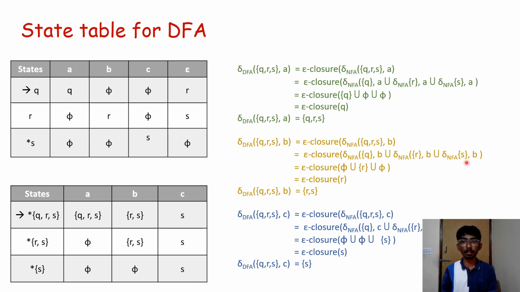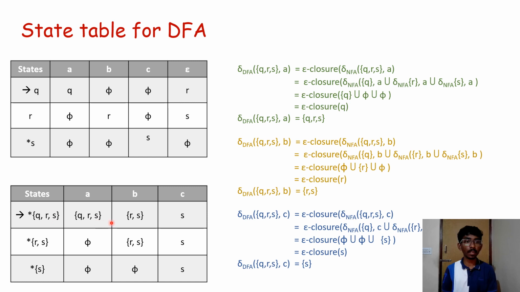Then when we give the B input to the S state, we get null. So we have mentioned the epsilon closure of R, and on performing the union operation on all these three, we get RS. Similarly, we follow it for C and we get the S state. There is only one state possible because on giving all the inputs, it doesn't go to any other state, and it only takes us to S on giving the C input.